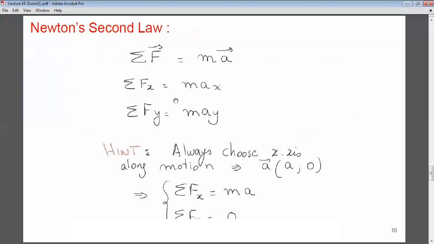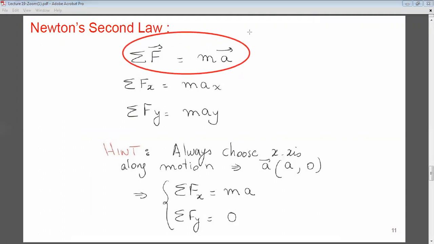Now, the only law we have in this lesson, the only formula you need to memorize, is summation of forces as vectors is equal to MA. Okay, this is called Newton's second law. So if an object is moving in a certain direction, in a certain fashion, it will move in such a way that the forces acting on it will affect its motion.